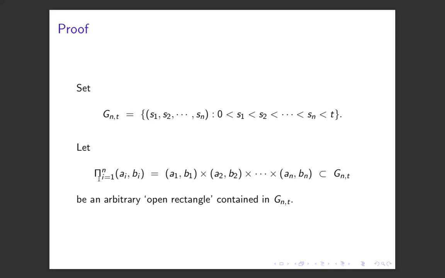So let this product, i going from 1 to n, of (ai, bi), denote this rectangle (a1, b1) cross (a2, b2) cross etc. (an, bn). And we also stipulate that this rectangle should be completely in G n,t. Note it down.